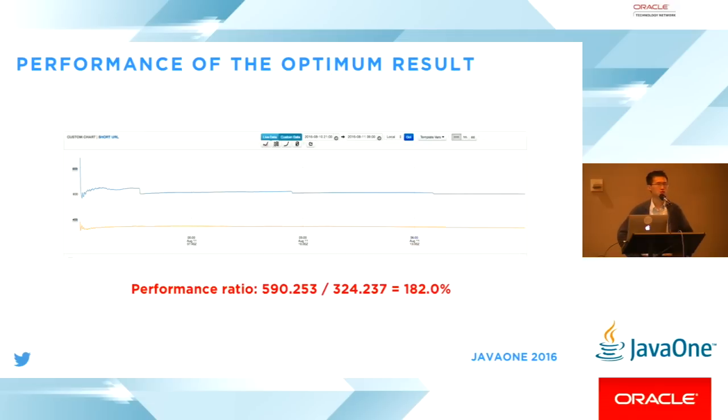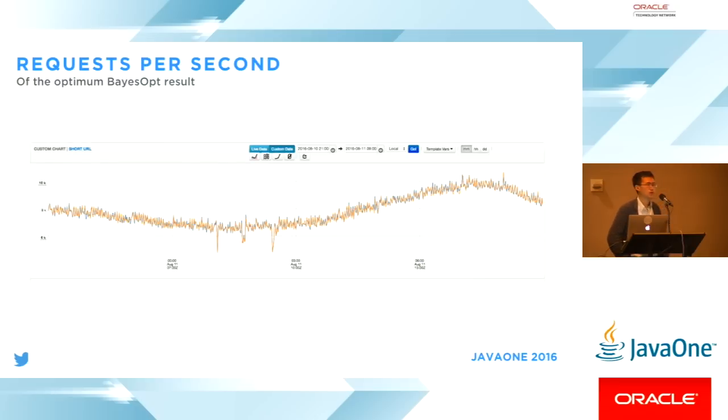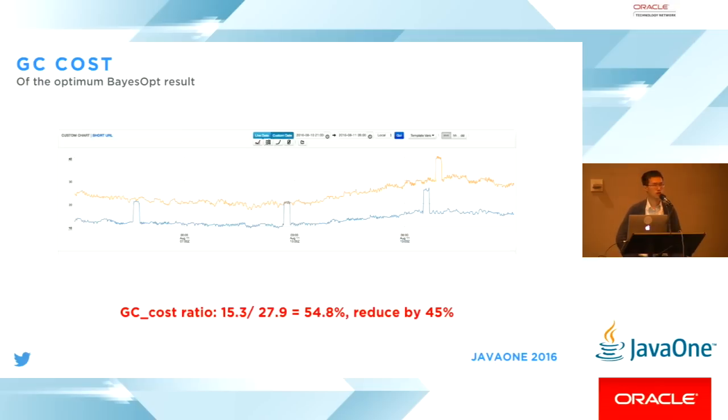If you remember, the performance metric is RPS over the GC cost. Is there any improvement from the RPS? Let's take a look. During the test period, the RPS is almost the same for shard 0 and the baseline. That means all the performance benefit comes from the lower GC cost. Actually, our tuning system can reduce the GC cost by 45%.